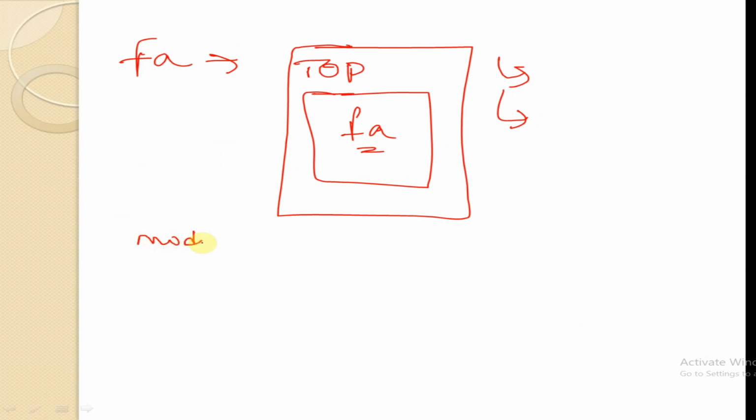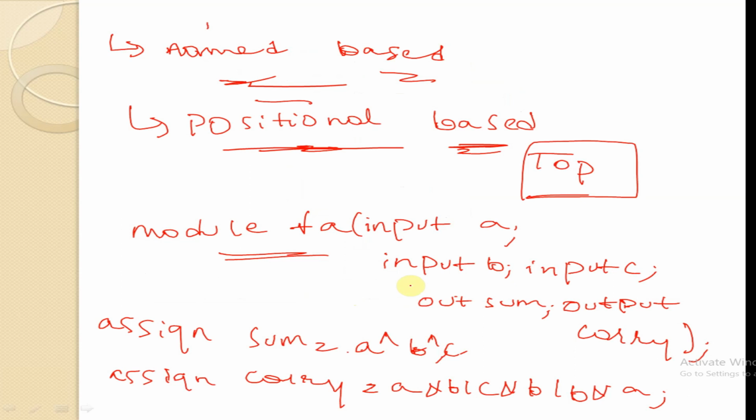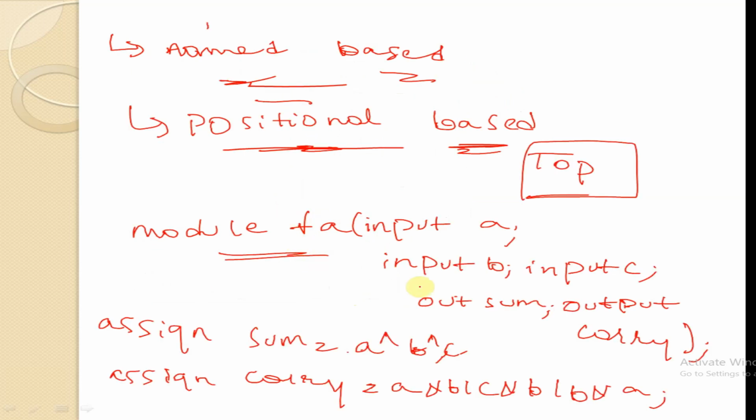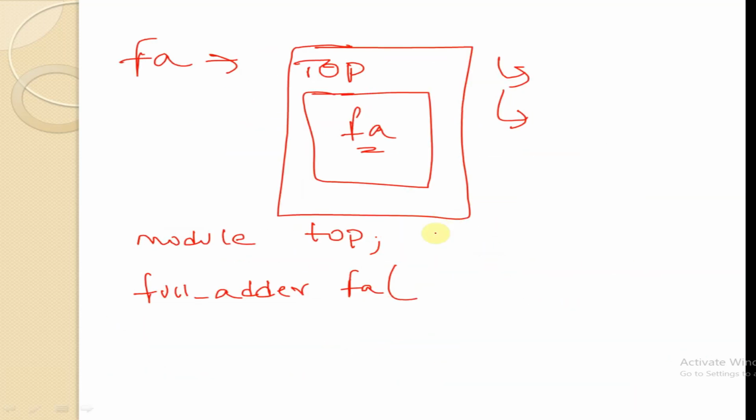So I will declare some module top, and in this module top, yesterday we have seen in the simulation, right? While writing a test bench, we have declared the design name, that is full underscore adder, followed by some name. I will take the name of the instance as FA. In name based instantiation, we will take the individual name.